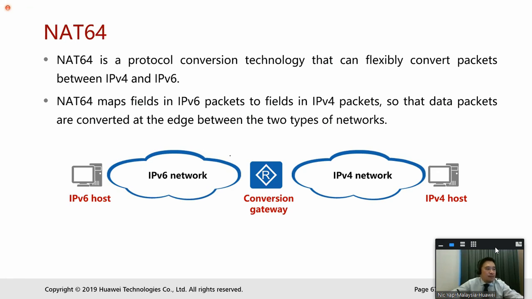From v6 going to v4, I just do NAT64, and on the other side it is NAT46. So I convert whichever I have, v6 to v4 and v4 translated to v6, and vice versa. This is called NAT64. You must have a conversion gateway to do all this translation.